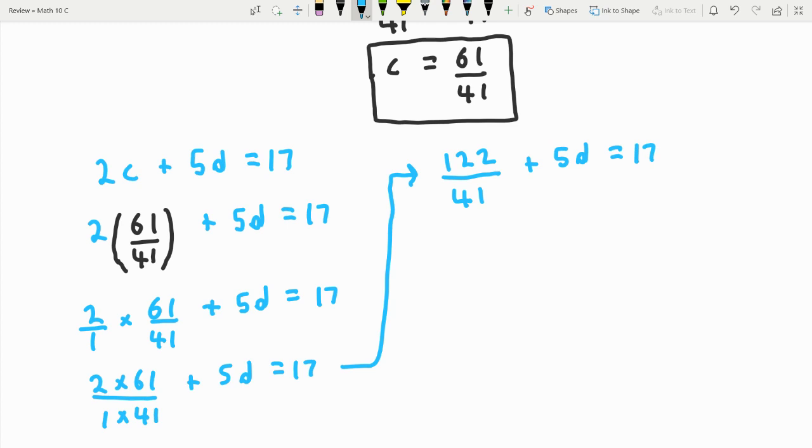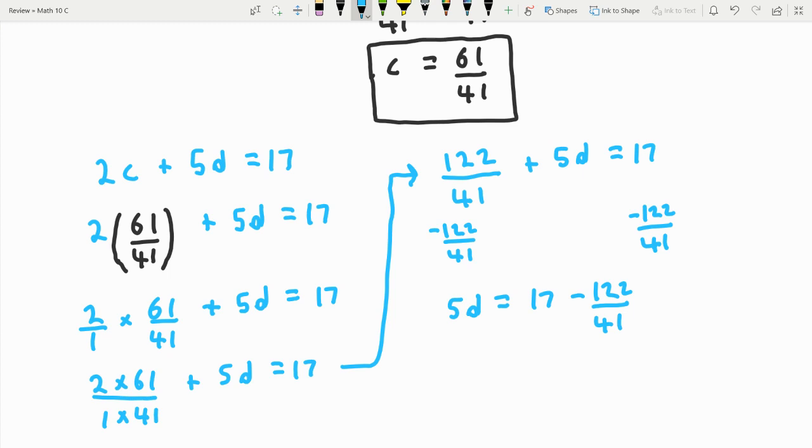From here, I want to subtract 122 divided by 41 from the left-hand side, and subtract 122 divided by 41 from the right-hand side, because what I do to one side, I have to do to the other. And what I would have left is 5d equals 17 minus 122 divided by 41.